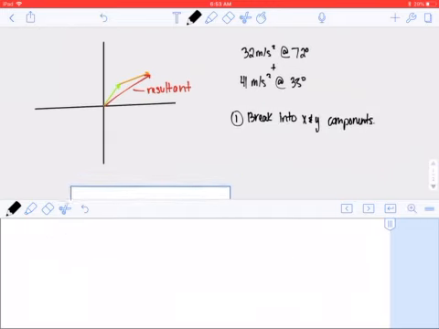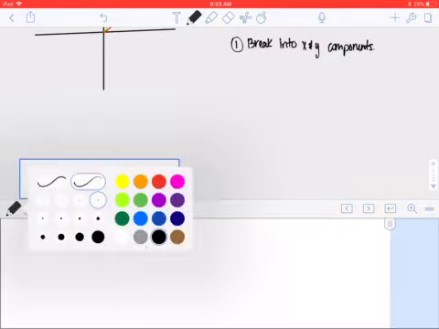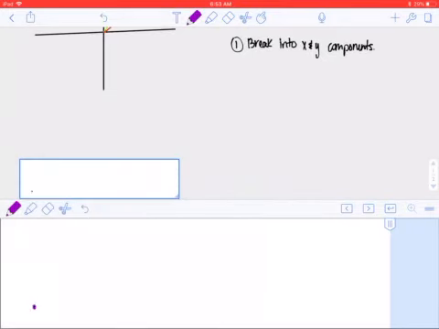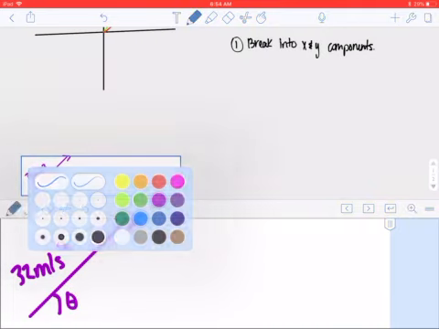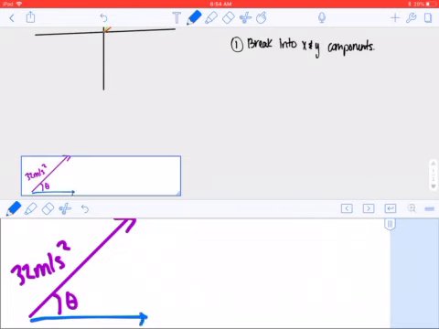Now we've already done something like this. Let's talk about the first one. Let's say I have 32 meters per second squared and my angle is 72 degrees. If I want to find the x component and the y component, hopefully this is looking familiar.